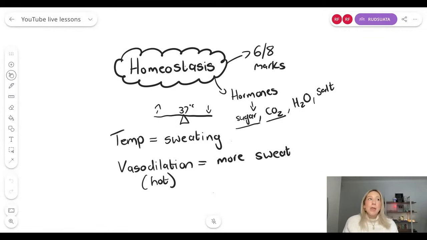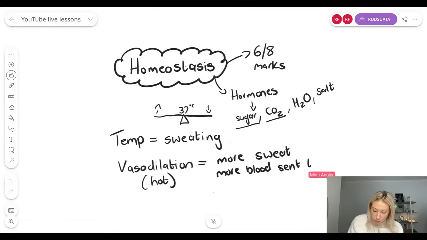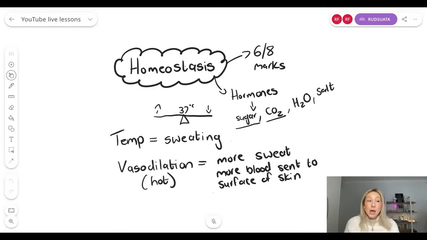Can you say there will be blood sent to the surface of the skin? No, more blood sent to surface of skin. Can you say, and the sweat evaporates?